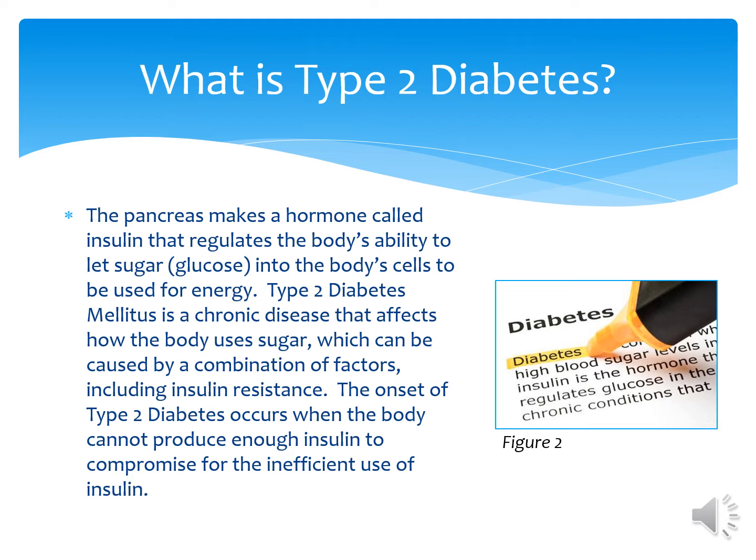Glucose then moves towards the cells of the body, mainly towards the muscle cells to be used as energy. With diabetes type 2, the glucose is unable to travel to the cells due to insulin resistance. We will talk more about insulin resistance later on in this presentation.